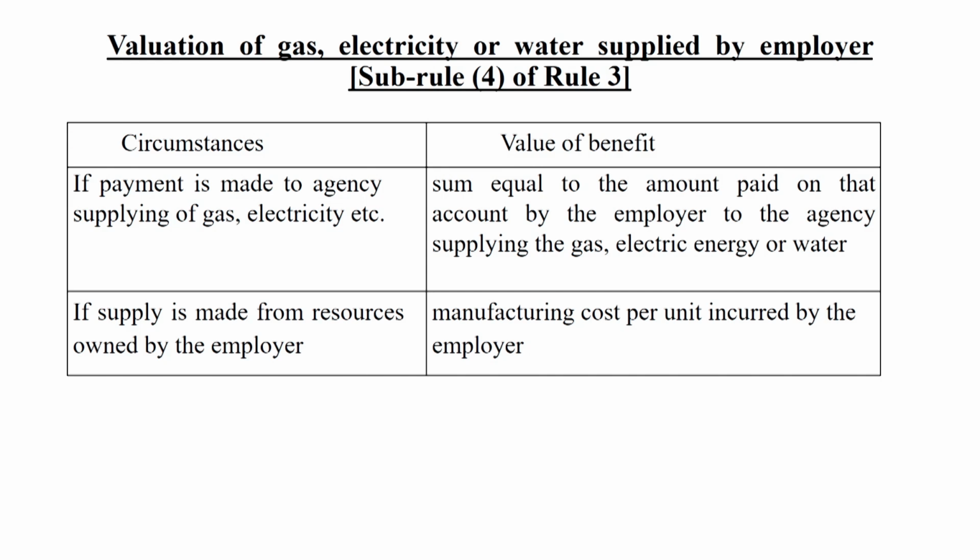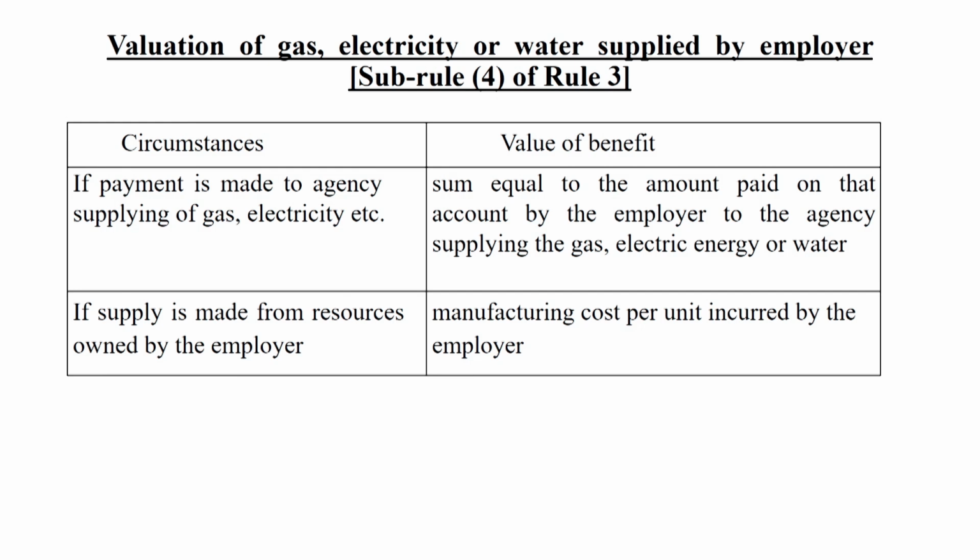Value of gas, electricity, water supplied by the employer. In this type of case, sometimes an employer provides these types of facility to its employee, like the facility of gas, electricity and water.